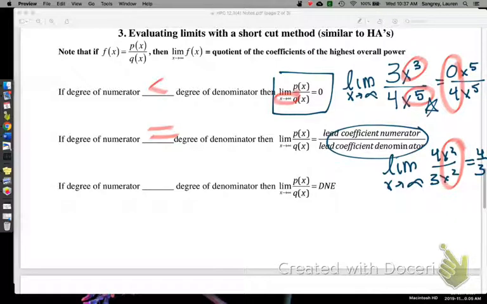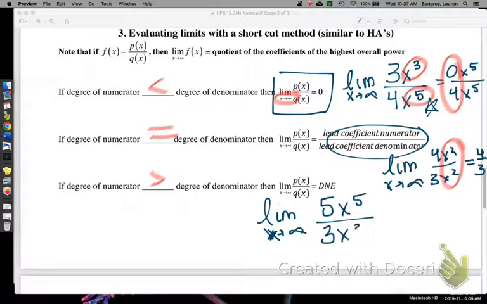And then the last option we have is if the degree in the numerator is greater than the degree in the denominator. So this might be something like the limit as x approaches infinity, and maybe we have 5x to the fifth over 3x to the third.